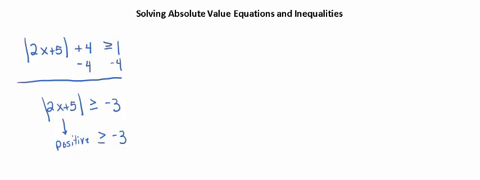So no matter what we have here for x, we will have a result that's greater than or equal to negative 3. So in this case, this will always be true because a positive is always bigger than negative 3. So our answer here is going to be all real numbers, negative infinity to infinity, and there's no more solving that we need to do at this point.